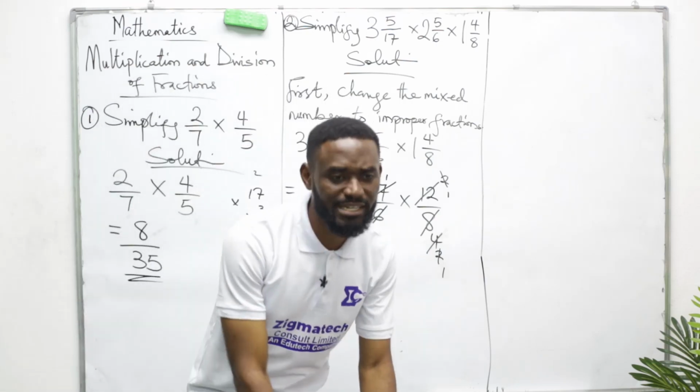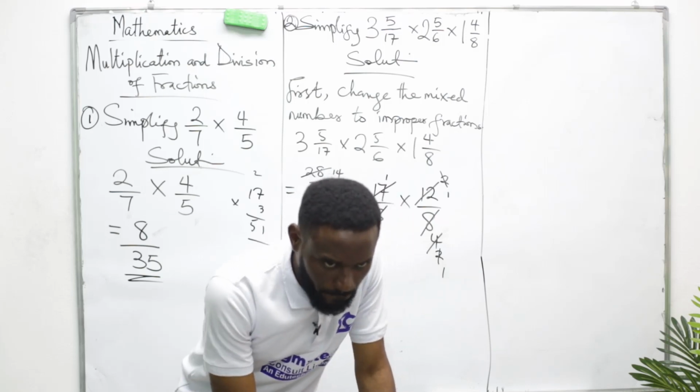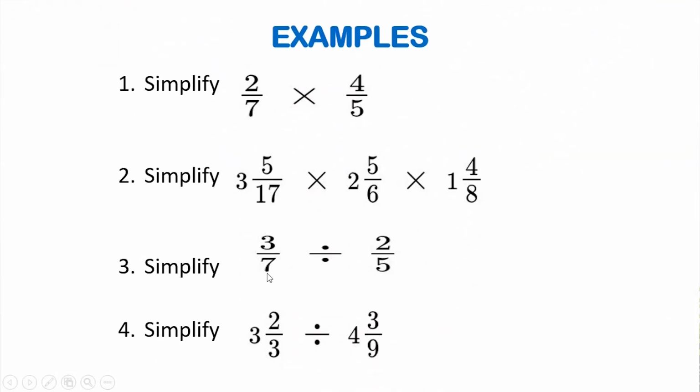All right? So let's look at the next one. The question is on division. They said we should divide 3 over 7 by 2 over 5. Number 3.